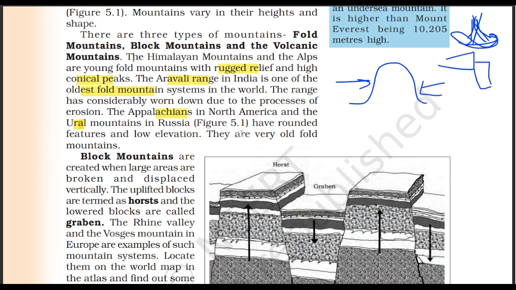Block mountains are created when a large area is broken and displaced vertically. The uplifted blocks are termed as horst and the lower blocks are called graben. You can see, I give you the example now, second time.